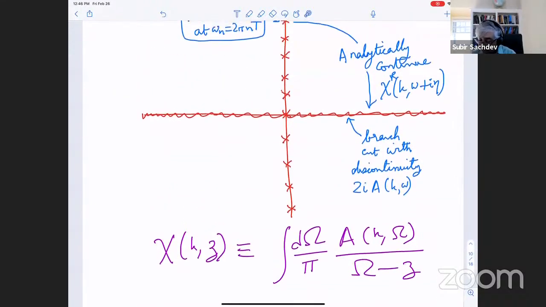And what you notice is that for the frequencies omega for which A is non-zero, let's assume it's true for all frequencies, well, up to 2 kF it's true, right, there's a discontinuity in the imaginary part, because on the top of the real axis you'll have omega plus i eta, and on the bottom you'll have omega minus i eta. And that flips the sign of the delta function. So in fact, you have a branch cut, or in some cases poles if you have a finite system like an atom, on the real axis, and the discontinuity across the branch cut is the imaginary part of A of k and omega.